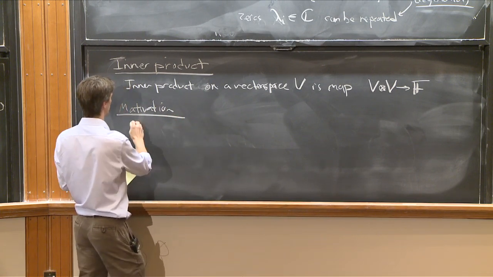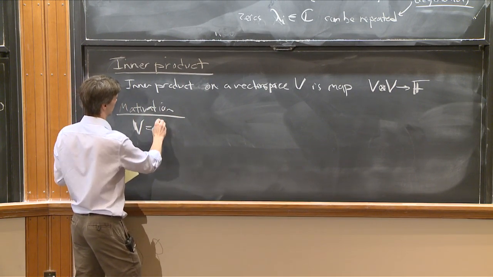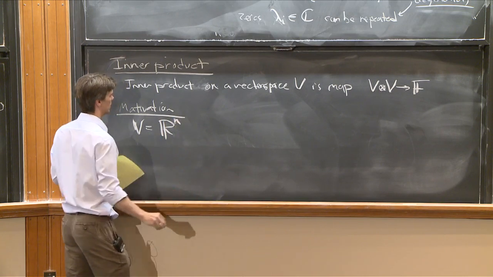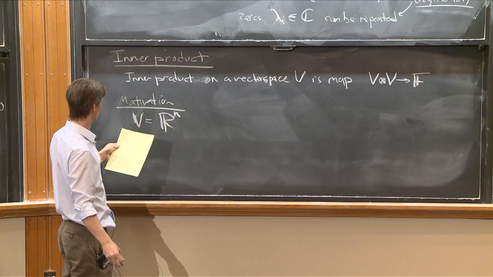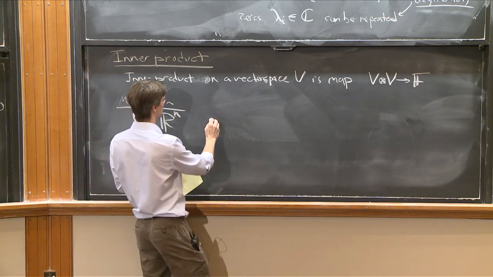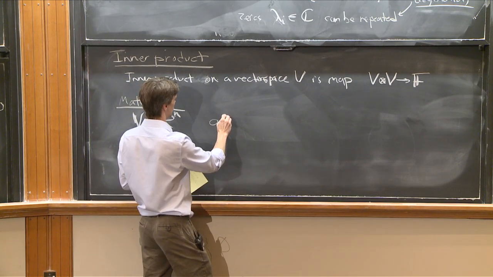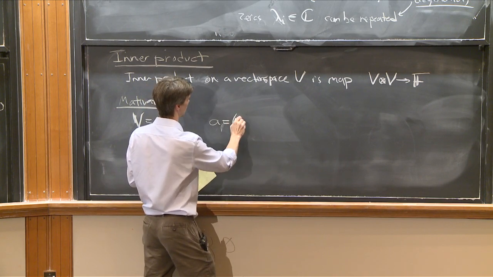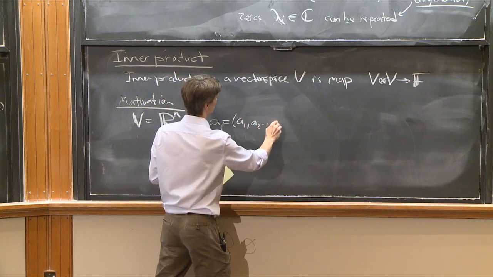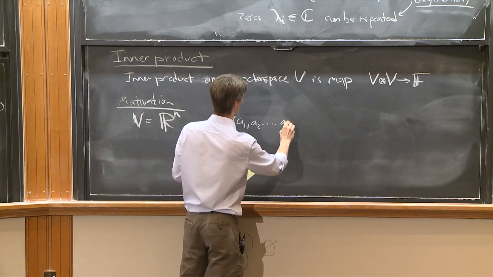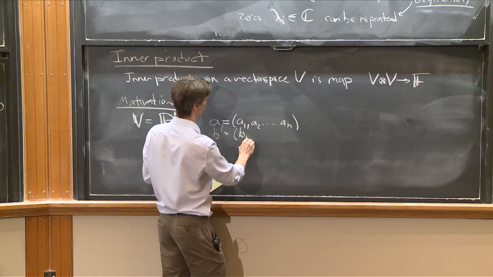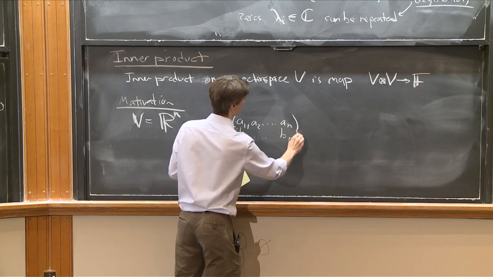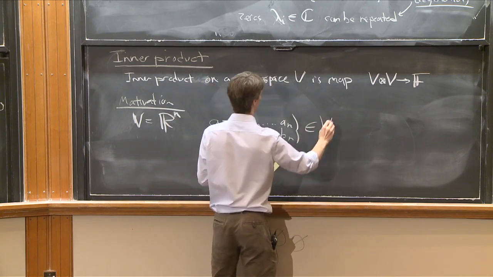So we have a vector space R^n, and on that vector space, well, we might have two vectors, A, which I'm going to write as A1, A2, dot, dot, dot, AN, and B. So we have two vectors, and these are in our vector space V.